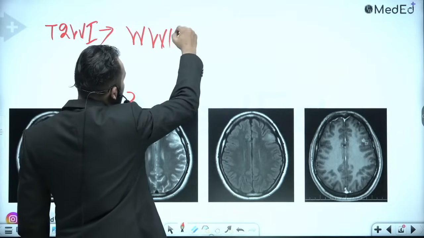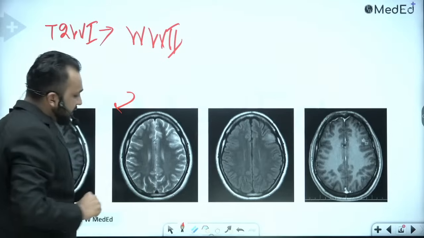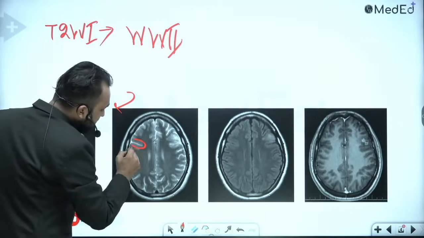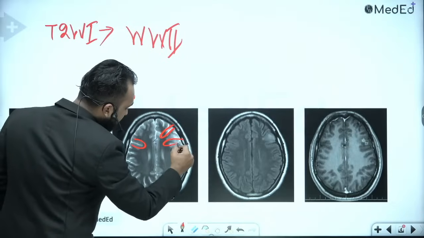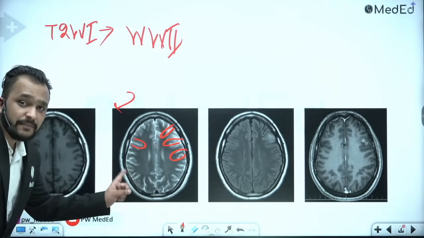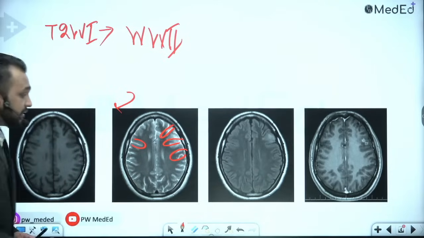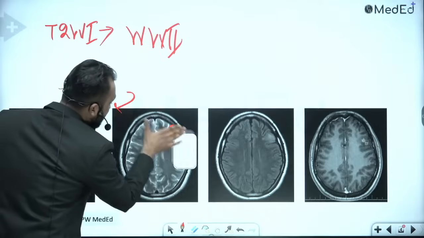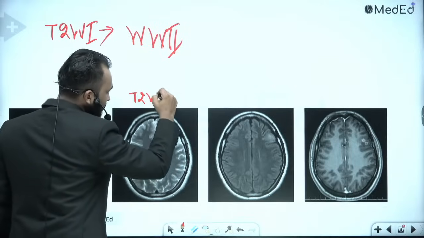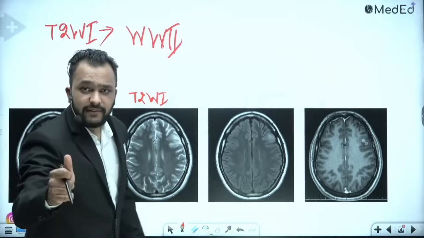If you look at this image, you will see that CSF is running in the sulcal spaces, and these sulcal spaces are appearing bright. It means that this is a T2 weighted image. Right?